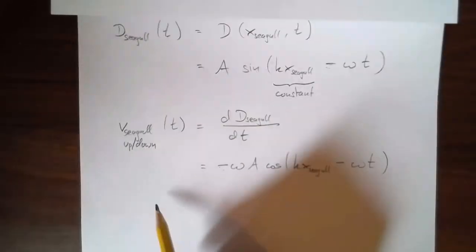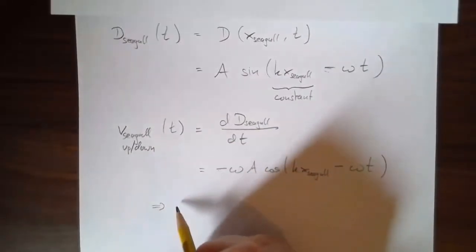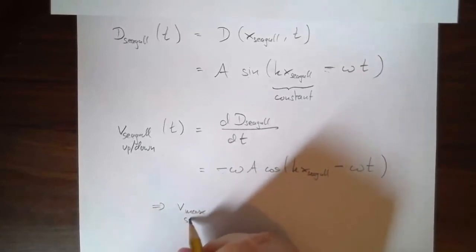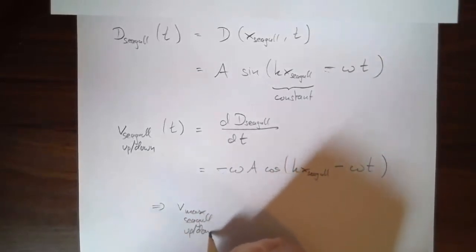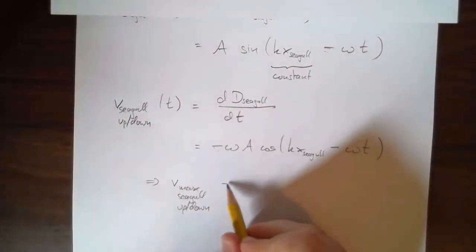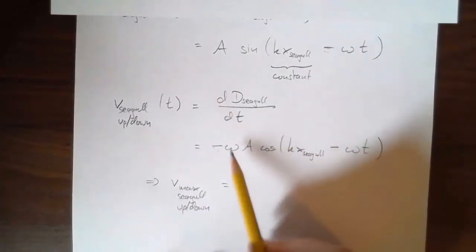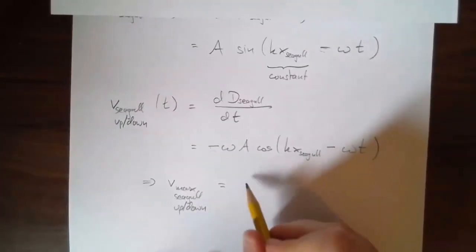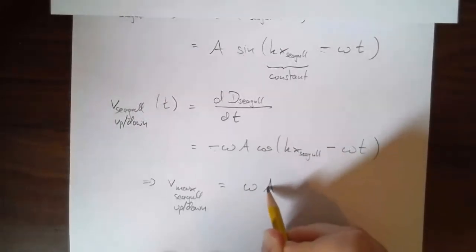Now what's the max speed? V max of the seagull going up-down. Okay, even longer subscript just for the laugh of it. Is therefore going to be the maximum value of this. Well, the cosine is just between 0 and 1, so it has to be omega times a.